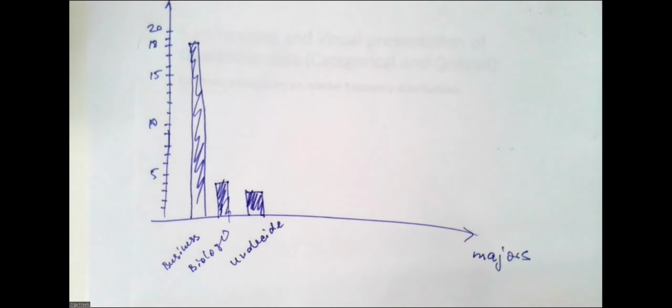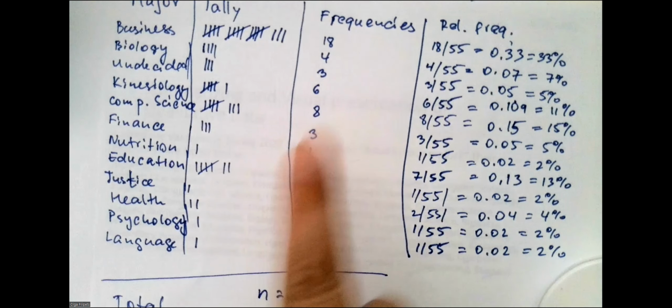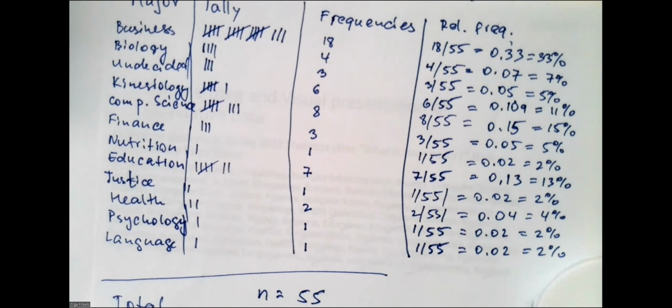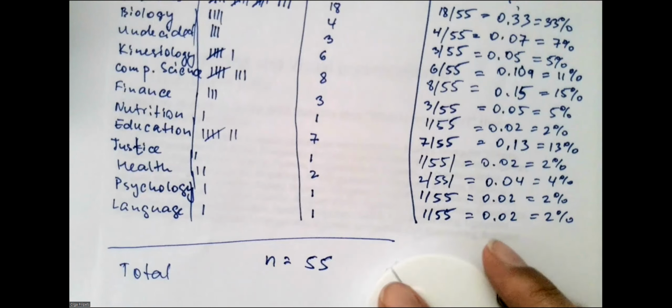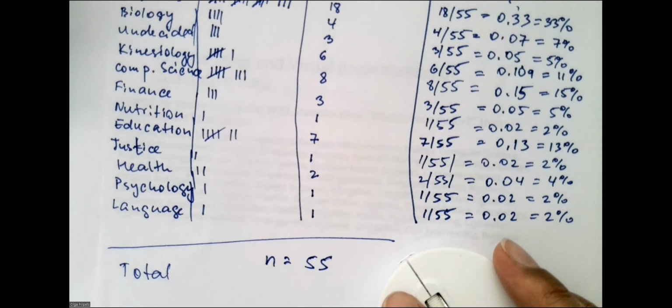Okay, so undecided, I had only 3 for undecided. So this bar is only going to go up to the height of 3. And if I continue doing that for all of the majors and all of the frequencies in my table, I'm going to have the following graph.